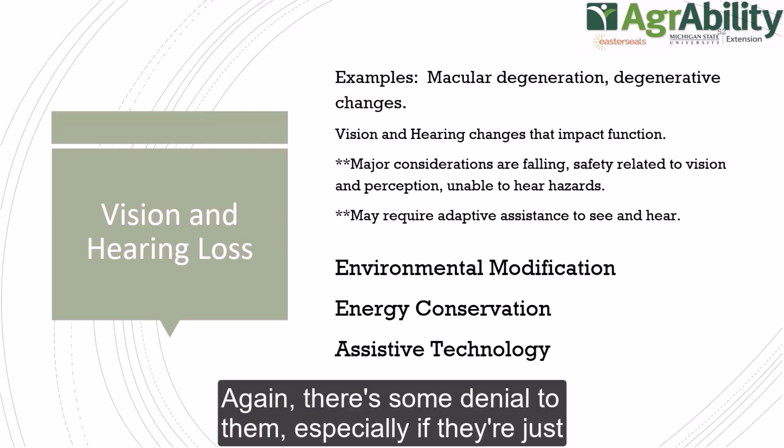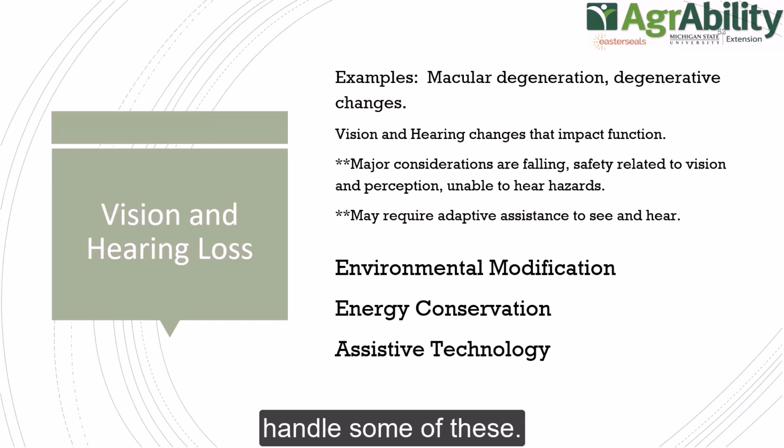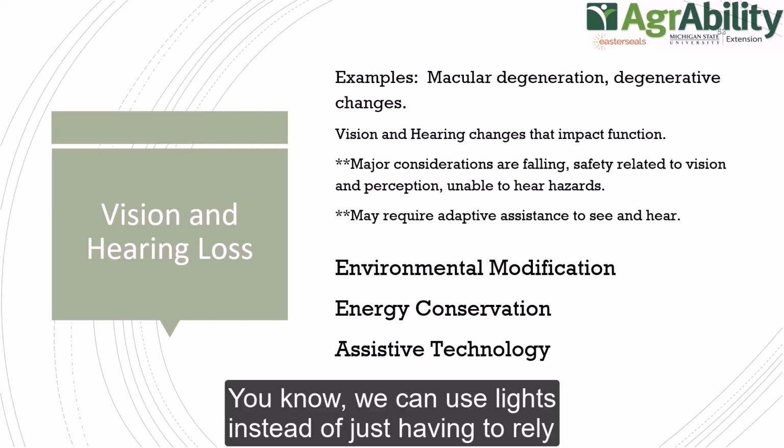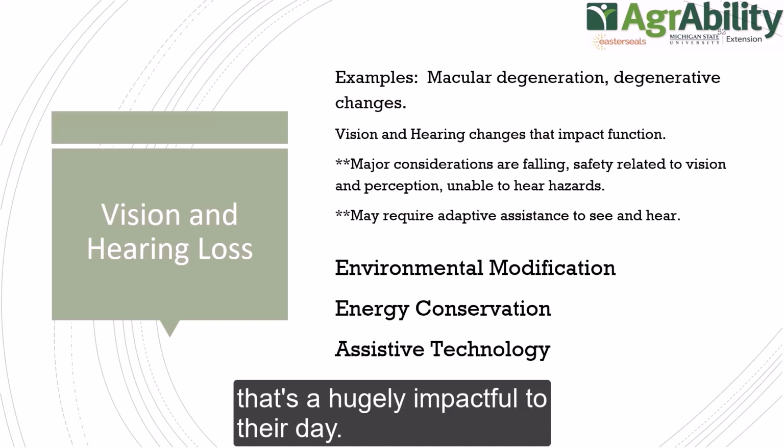Again, there's some denial to them, especially if they're just aging degenerative changes. But we have really simple ways to handle some of these. We can use lights instead of just having to rely on noise. But if that farmer cannot hear machinery on or off, that's hugely impactful to their day. We need to modify that for safety.